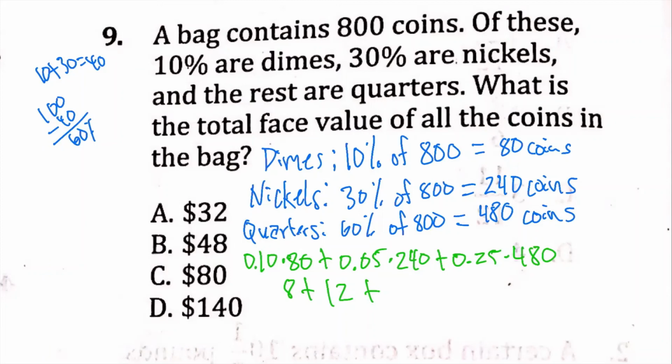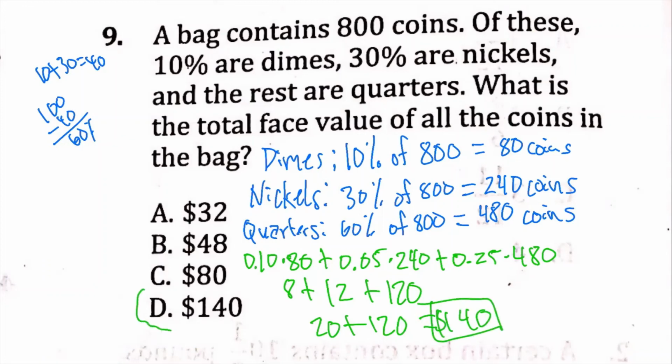Let's see, 0.25 times 480 is what? 120? Yeah. So 12 and 8 is 20, plus 120. So final answer is $140.